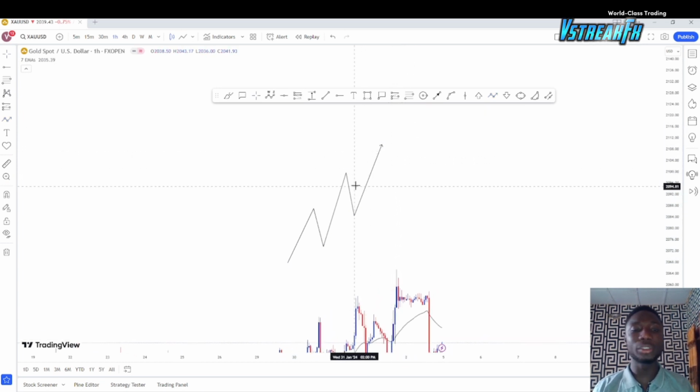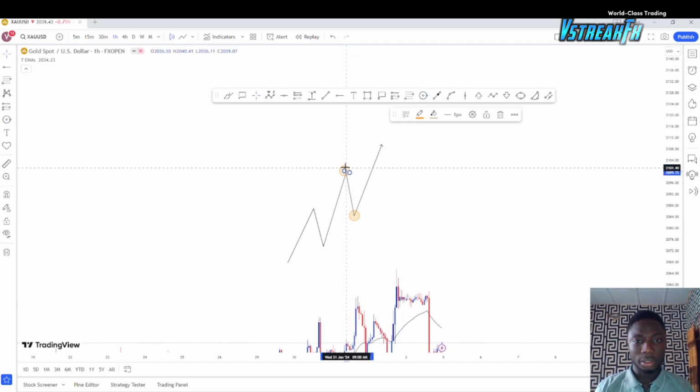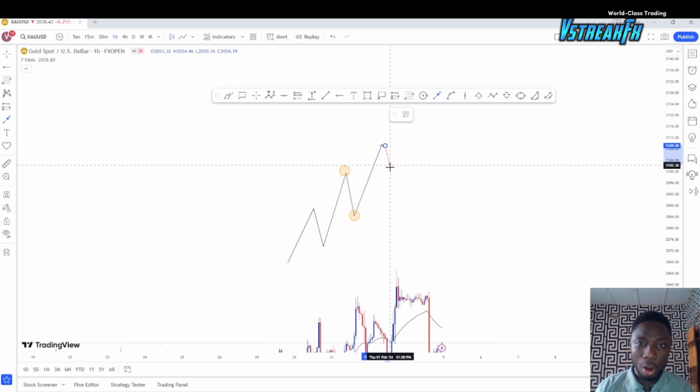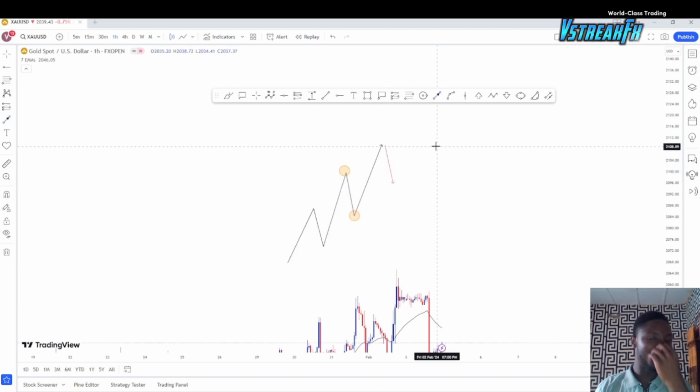Now you need to know where the price will retrace to before it continues the movement again. These are higher lows. You need to know where price will retrace to before it continues its movement. So that's where the Fib level comes into play.